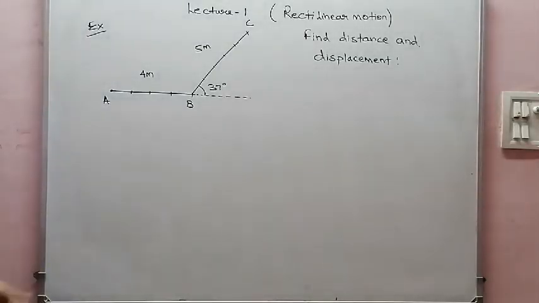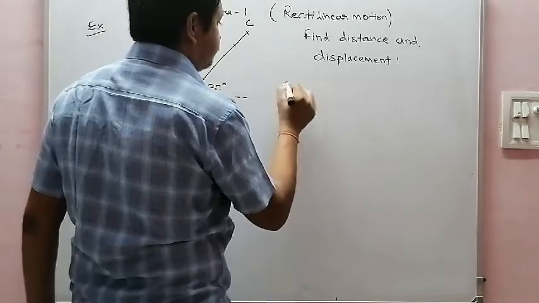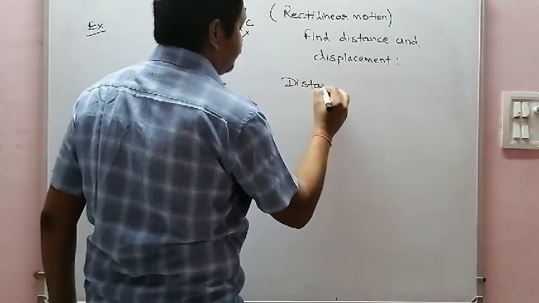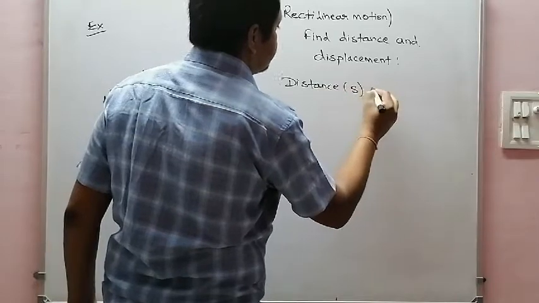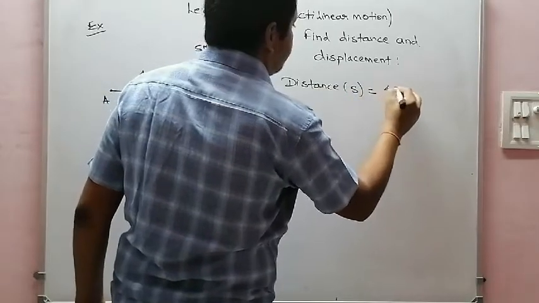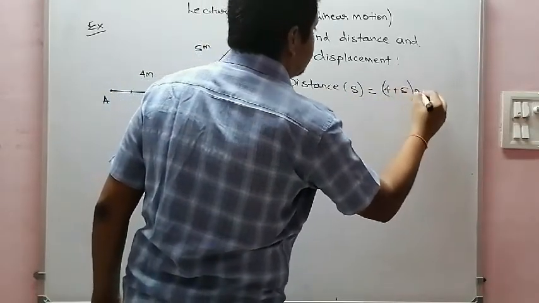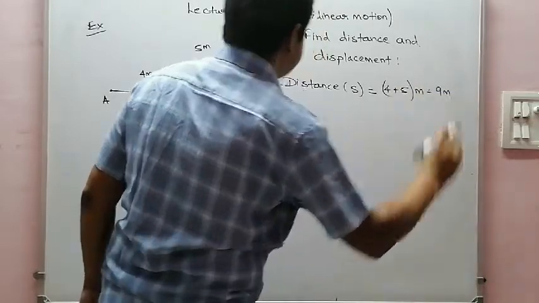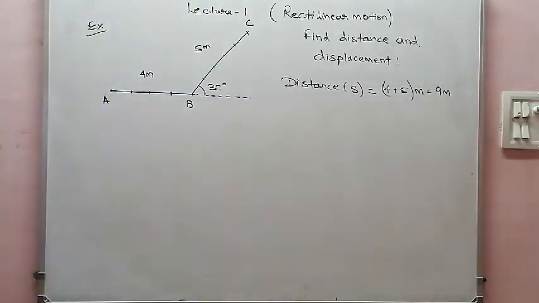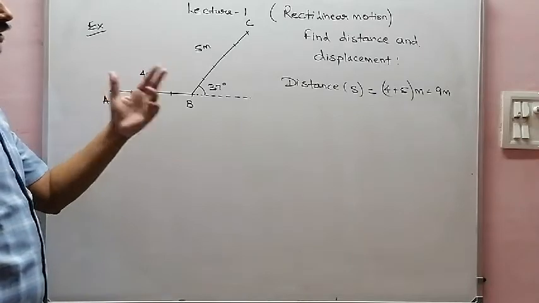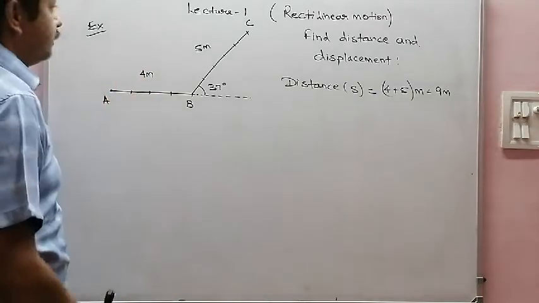Now, distance is the length of the path. So distance S becomes 4 plus 5 meter, that is 9 meter. Now, displacement.